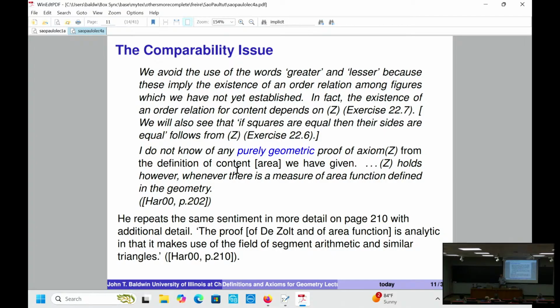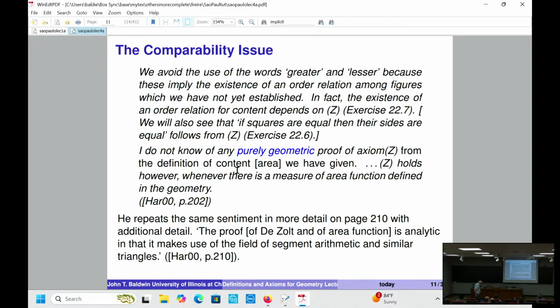So here I've just quoted Hartshorne's phrasing of these problems. I'm not going to use greater or lesser because we don't know what that means yet. And we can get it if we have Zolt's postulate or whatever.